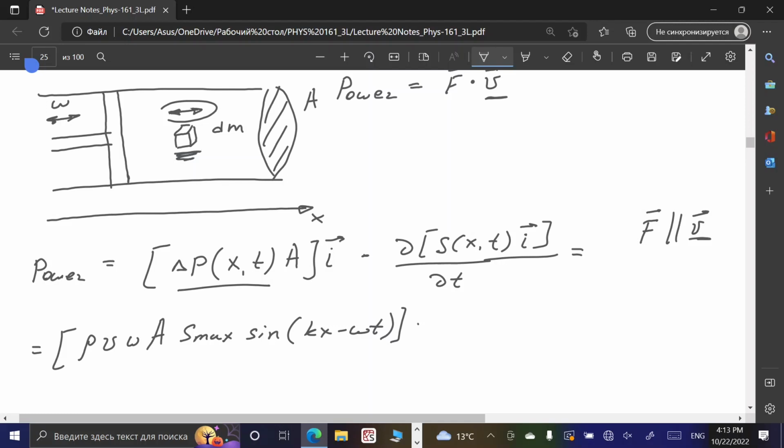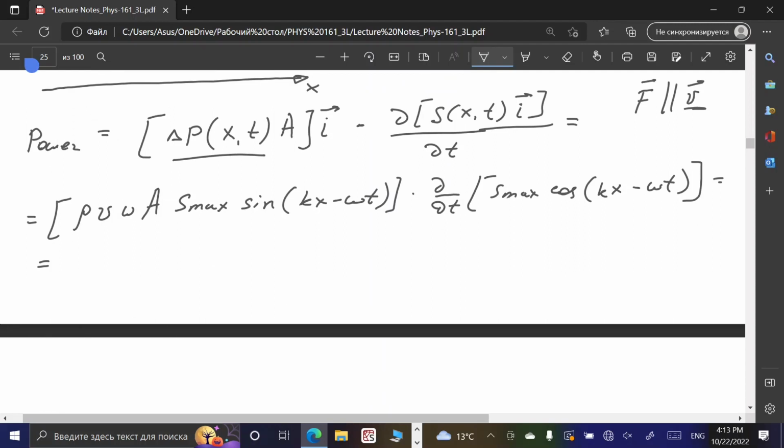Then we have another term here, which is the d over dt. And here we have a wave function for displacement, which will be S maximum times cosine kx minus omega t. So now let us take this derivative.